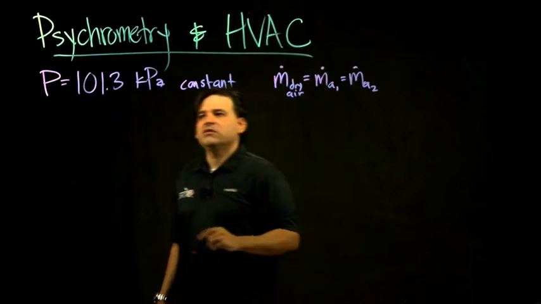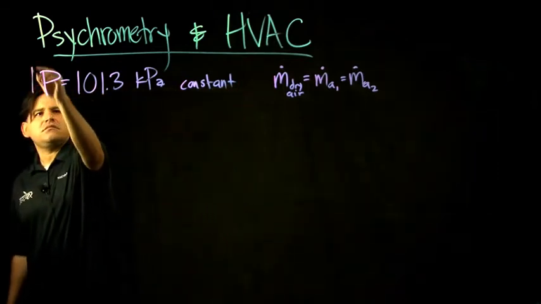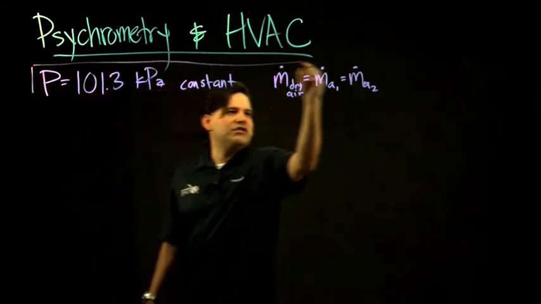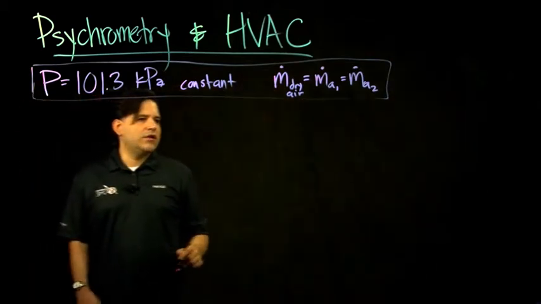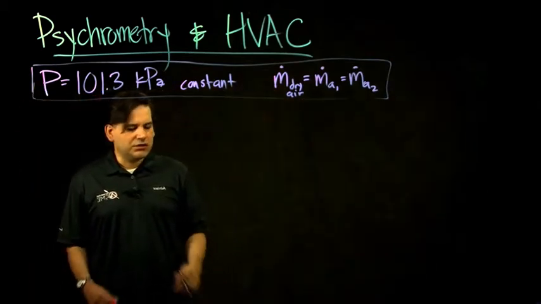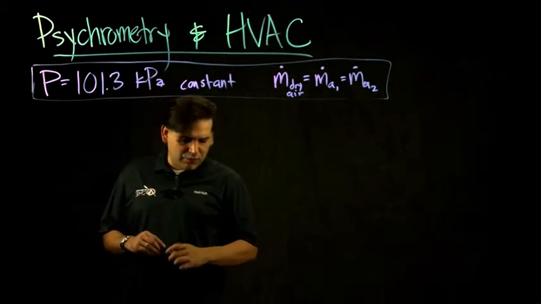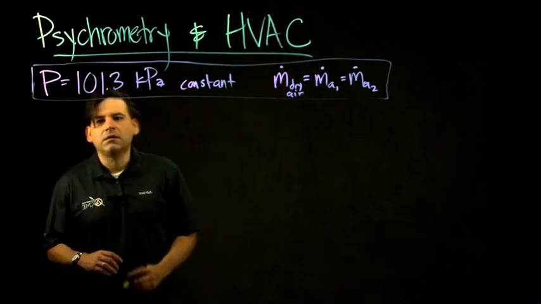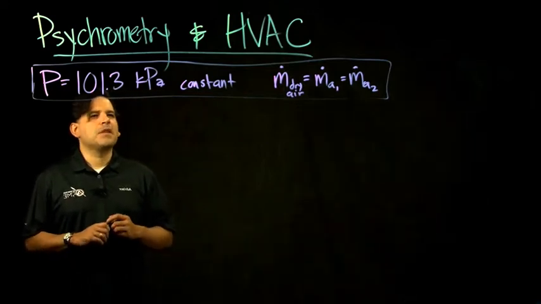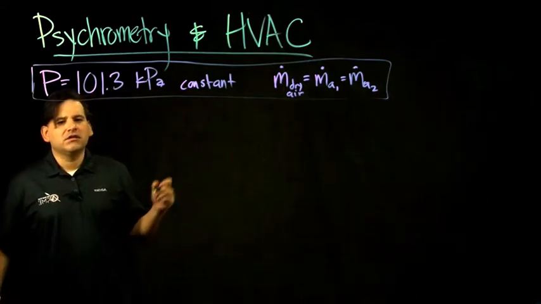So with those two assumptions, we can use this psychrometric chart to get some very nice, relatively fast results in terms of energy balances and properties of this flow.